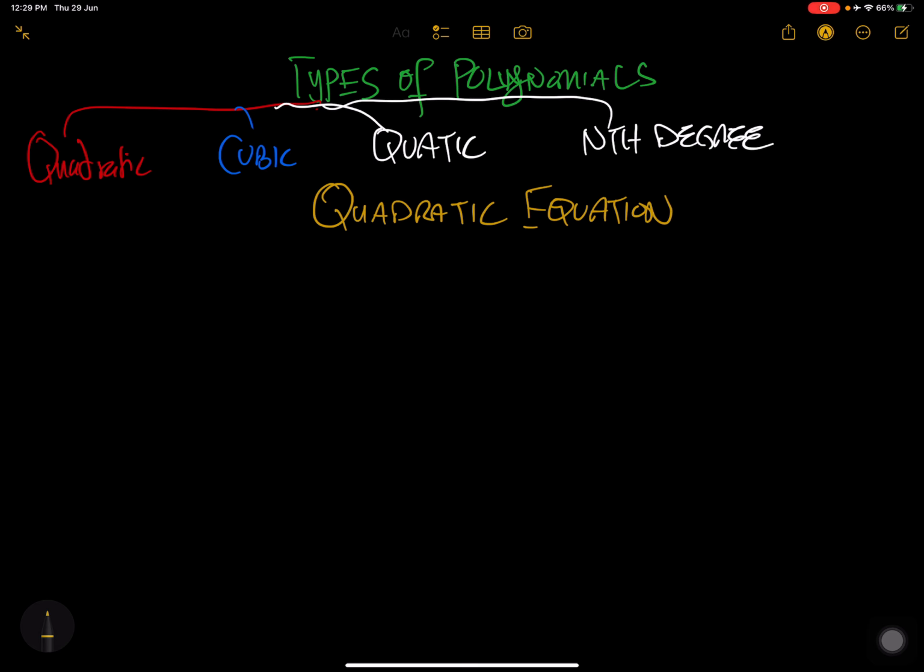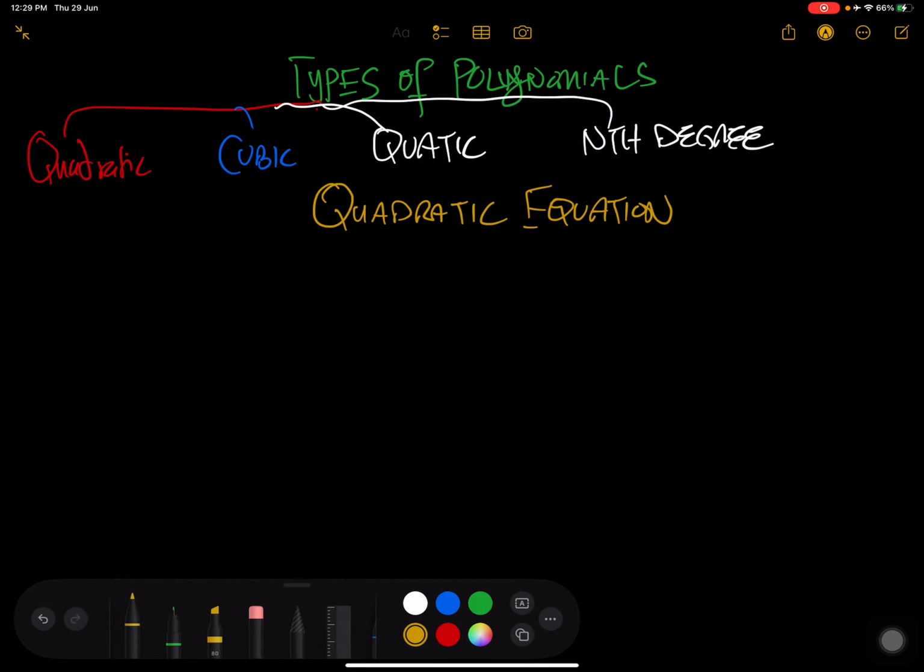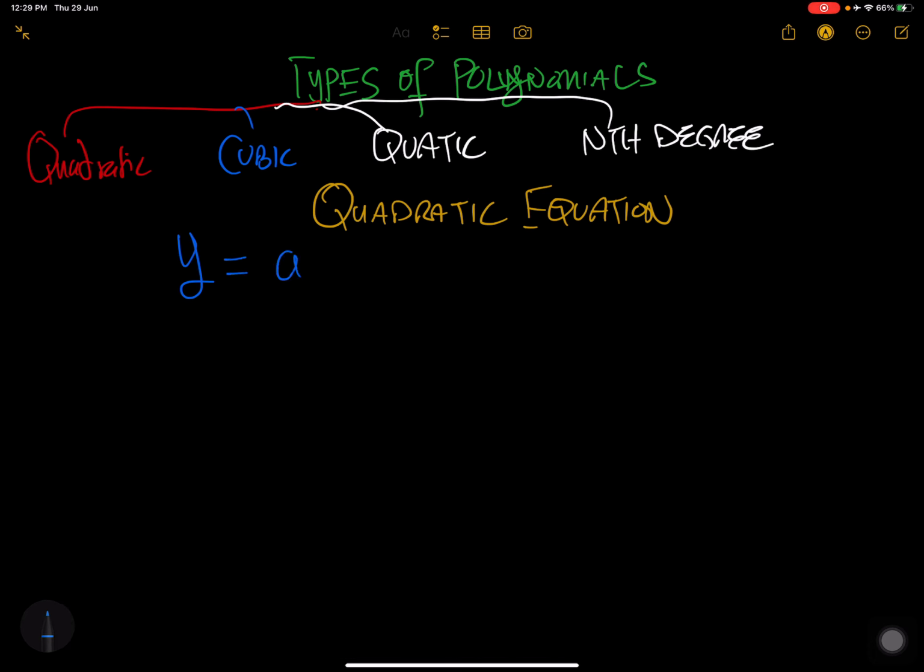Now, how do you write a quadratic equation? They are of the form y is equal to ax squared plus bx plus c. Or sometimes you can see it written this way: ax squared plus bx plus c is equal to 0. So it's the same thing. Remember, there's an equal to sign here, so that makes it an equation. But we're going to see more of this.